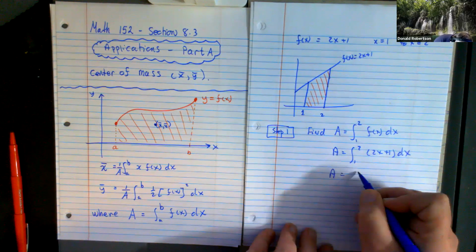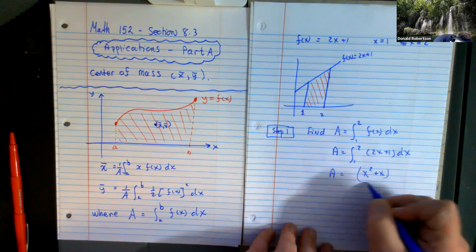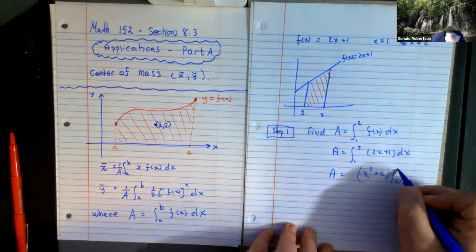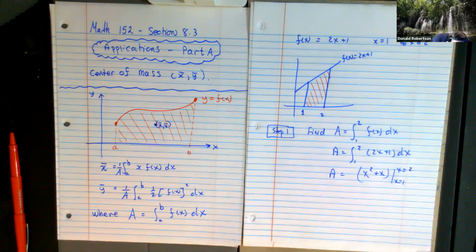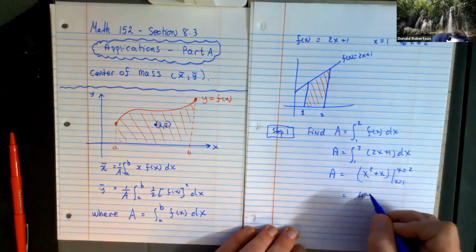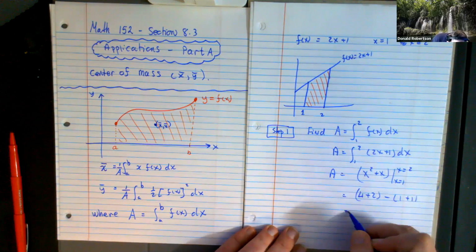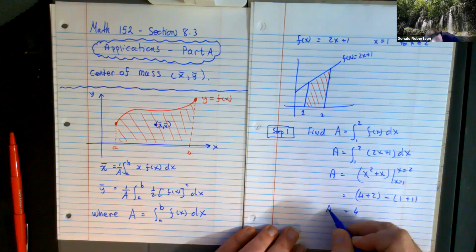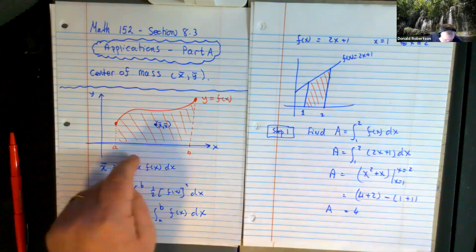Power rule, nothing too difficult here. Evaluated at 1 and 2. If you plug in 2, you get 4 plus 2. Take away 1 plus 1, and the answer we get is 4. So step 1 is to find the area under the curve, A. Pretty straightforward so far, and it's mostly plug and chug involving integrals.